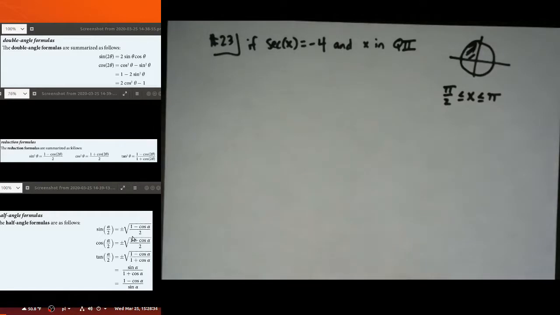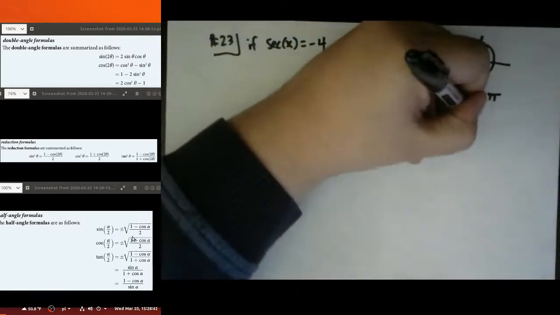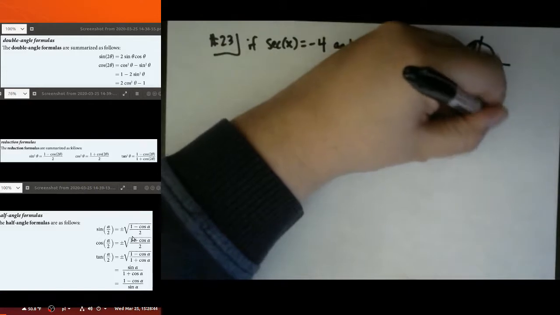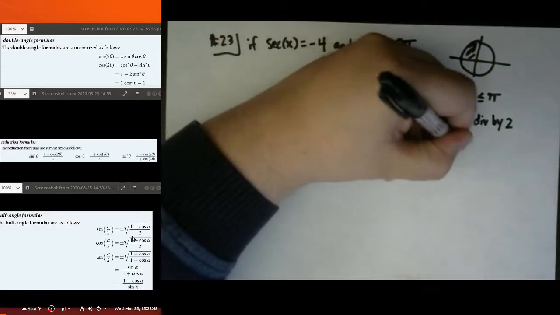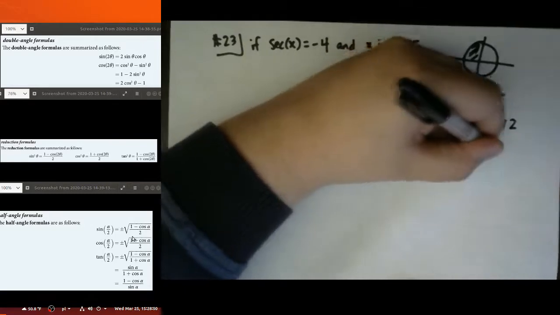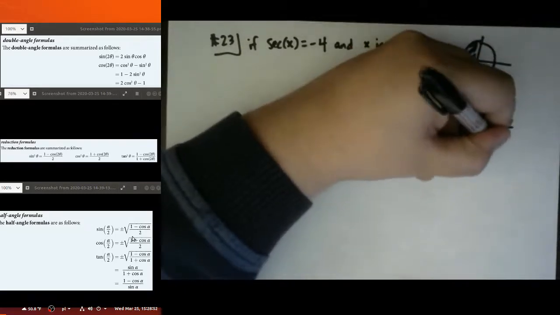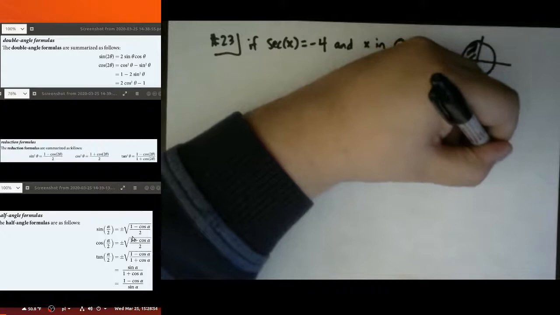So again, I'm interested in computing sine of x over 2, cosine of x over 2, and tangent of x over 2. I just didn't want to write all those instructions. So I'll have to, again, divide by 2 my inequality, and I'll get pi over 4 is less than x over 2, is less than pi over 2.